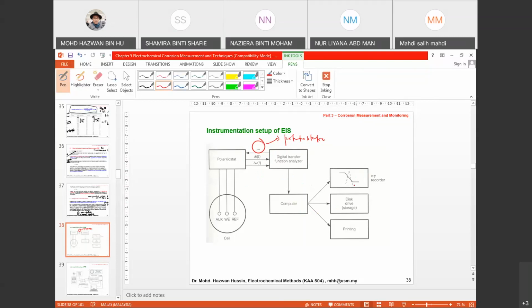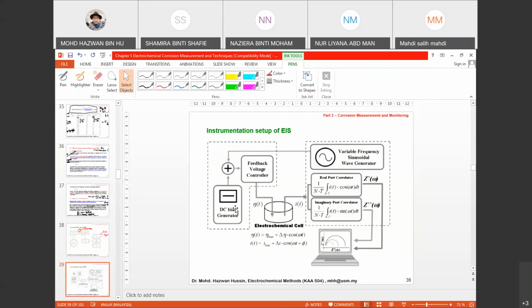The plot that you will get from the EIS method is known as the Bode plot and also the Nyquist plot. Bode, B-O-D-E, and Nyquist, N-Y-Q-U-I-S-T.